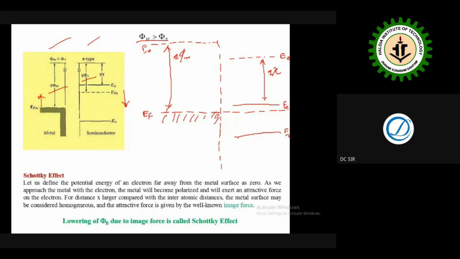So it is bent this way. So for the electron, this is the barrier.